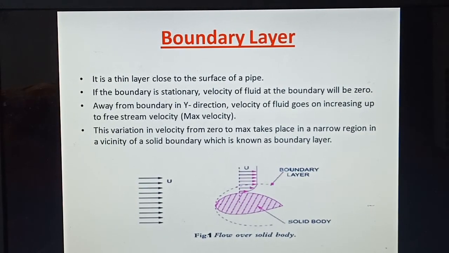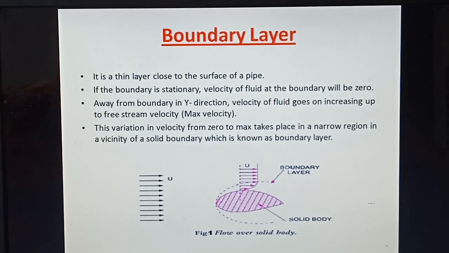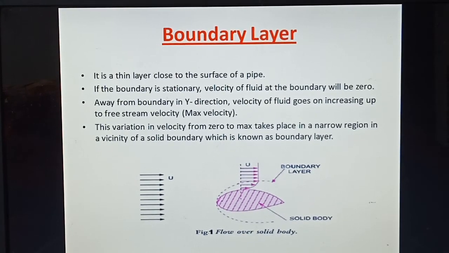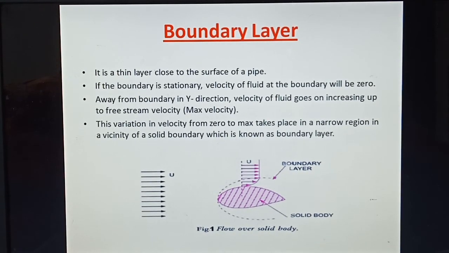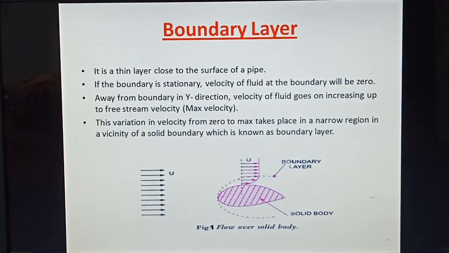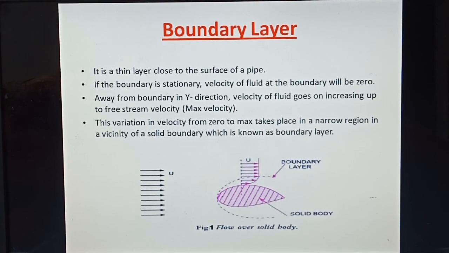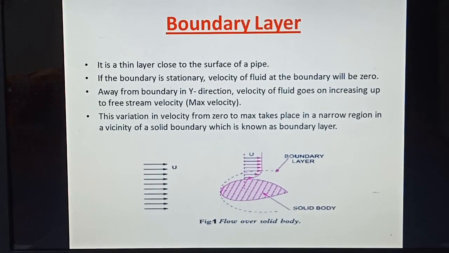But as we move away from the surface in the vertical direction, in the y direction, means in a direction perpendicular to the direction of flow, the velocity of fluid goes on increasing up to the free stream velocity. The free stream velocity is nothing but the maximum velocity for that fluid flow.